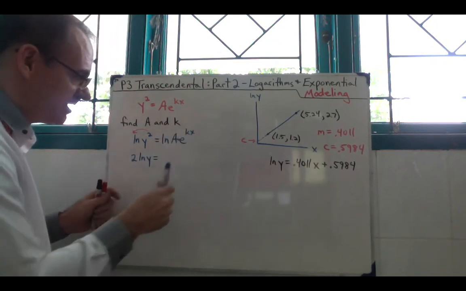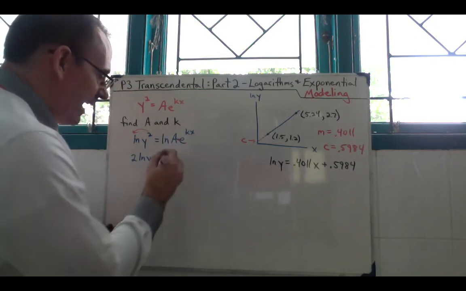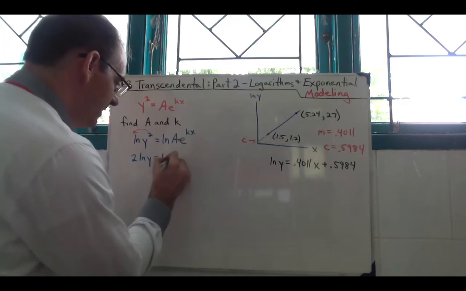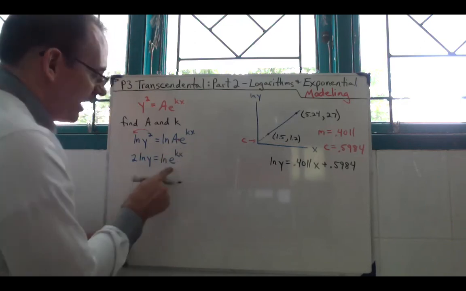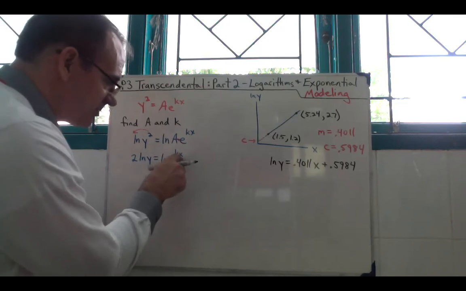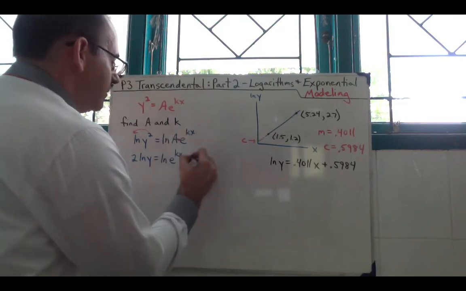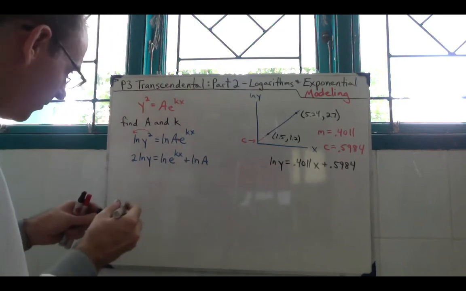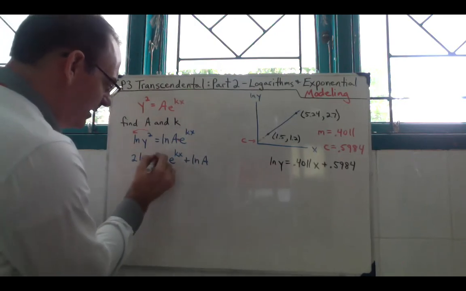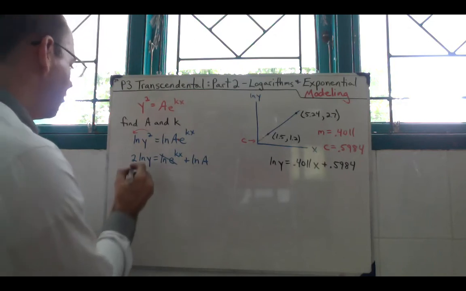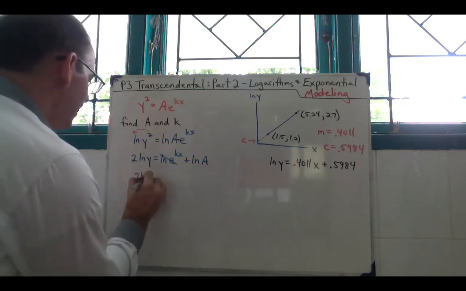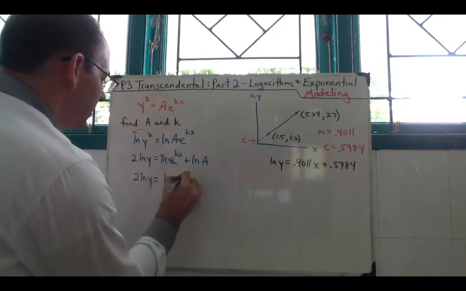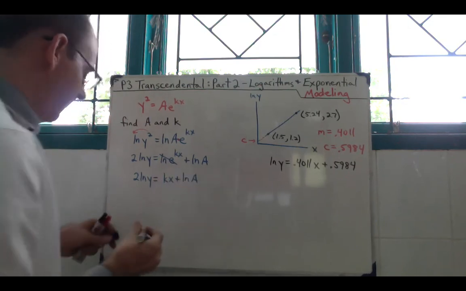So that means with our law of logarithms, we add. So we have a ln of e to the kx, I put it first because it has the x term in it, plus ln of a. Now this ln and e cancel, and so we have 2 ln y equals kx plus ln a.